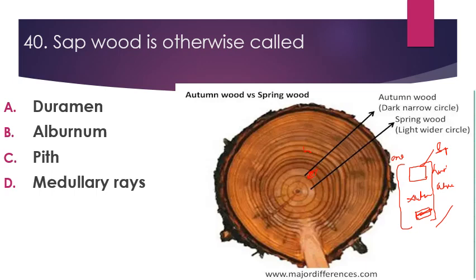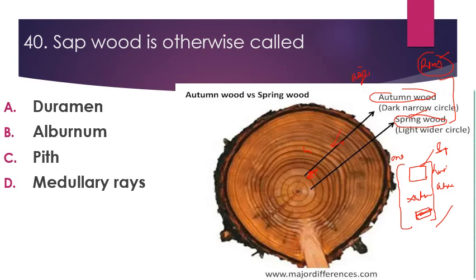So this is spring wood, this is autumn wood. We can see here that this dark line represents the autumn wood and this lighter ring represents the spring wood. Both of these types of wood form a single annual ring.